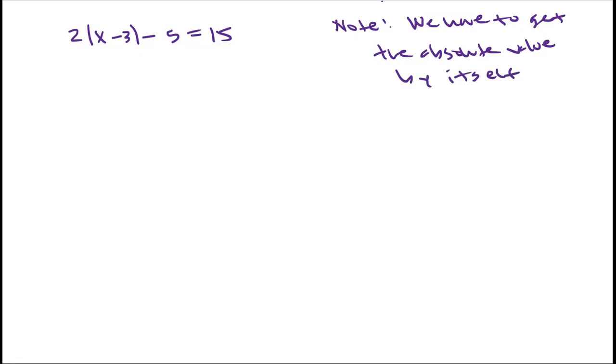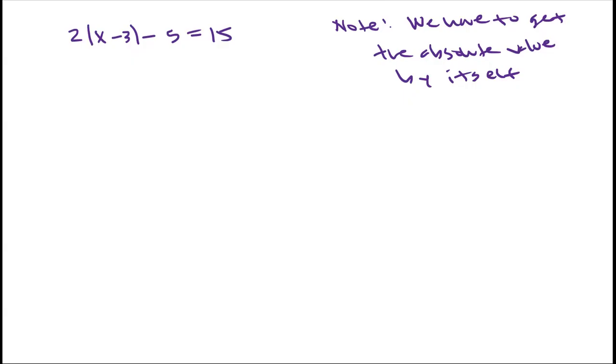In order to apply the rule, we have to get the absolute value by itself. I don't know how else to explain that. That means we can't have anything being added, subtracted, or multiplied by this absolute value. We need to get rid of everything out before we can apply the rule.